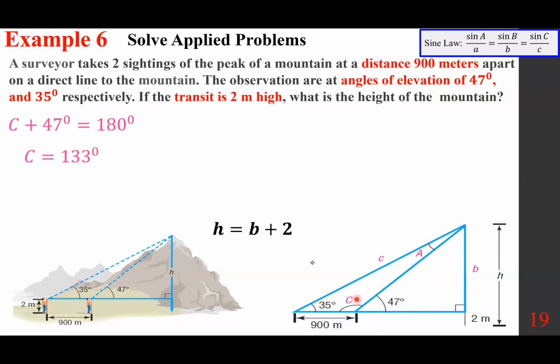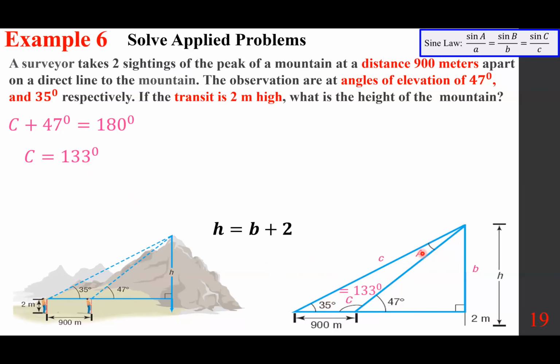So we got this angle. If this is 130 degrees, if you look at this one, this is 35. This is C, which is 133 degrees. This little one, A, is the sum of 35 and 133 subtracted from 180. In other words, this angle and this angle must add up to 180.